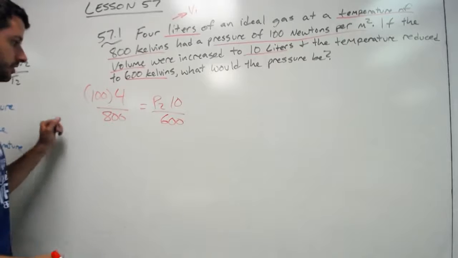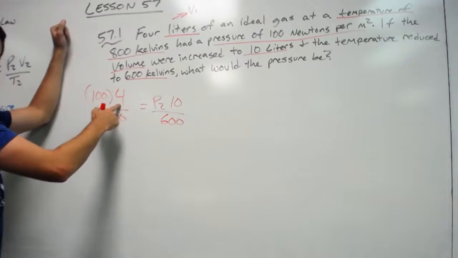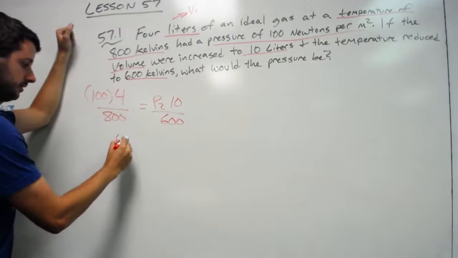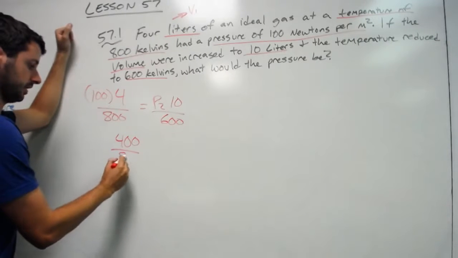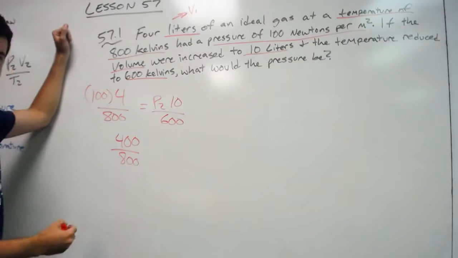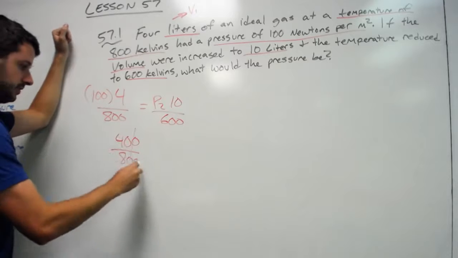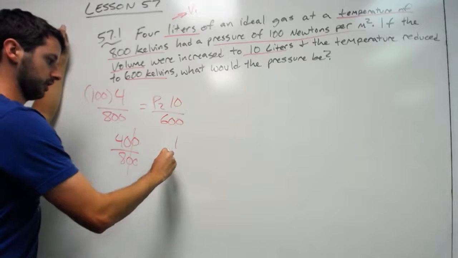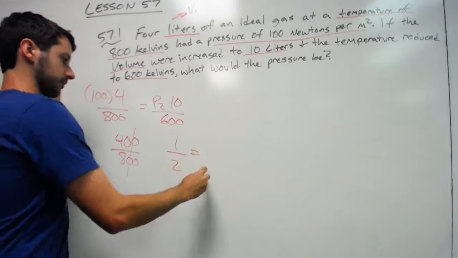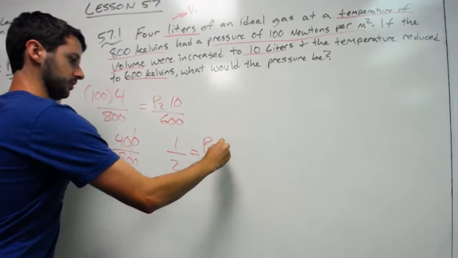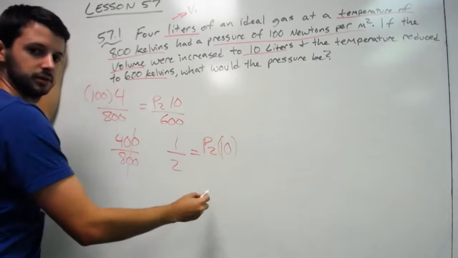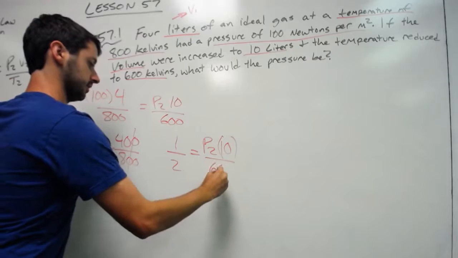And then you just do the math. 100 times 4 is 400. That over 800 would reduce to 1/2. So we could say 1 over 2 equals P2 times 10 over 600.